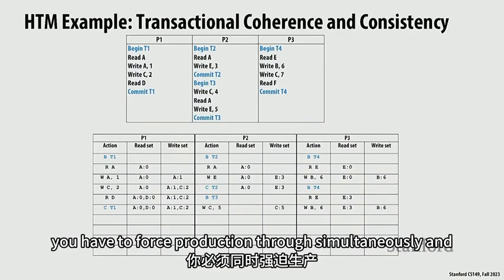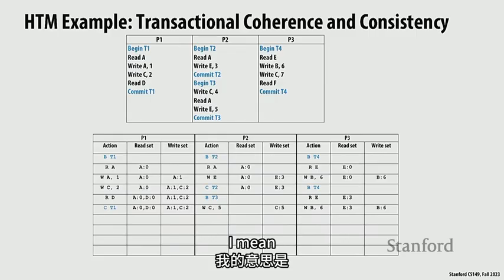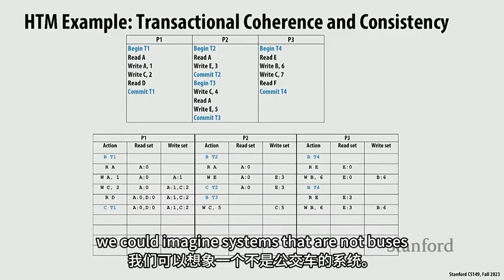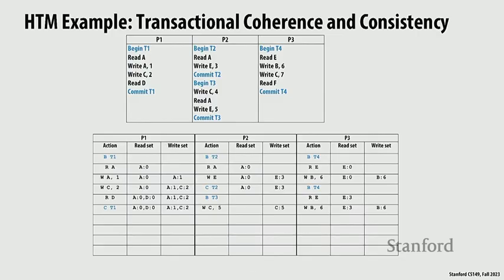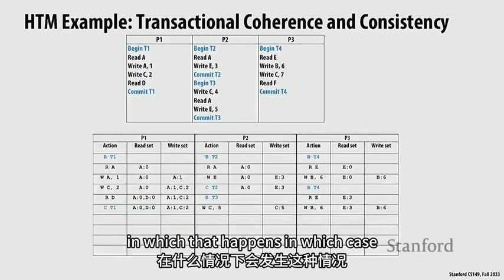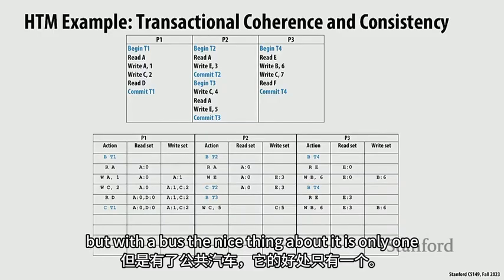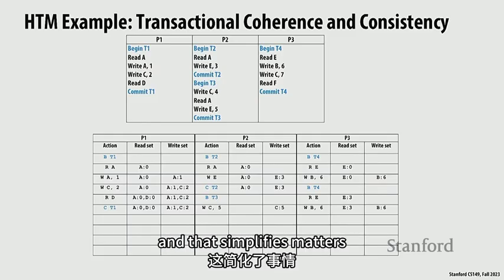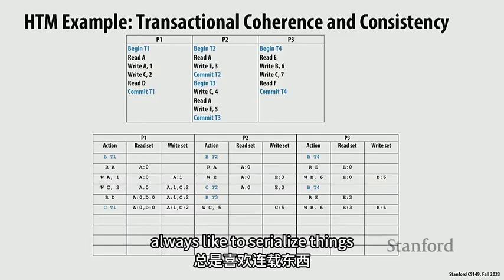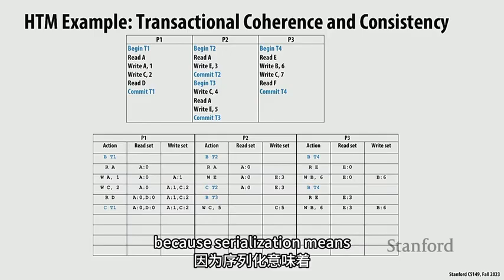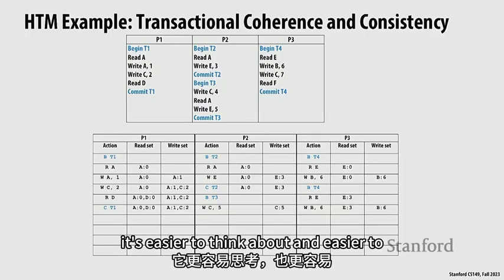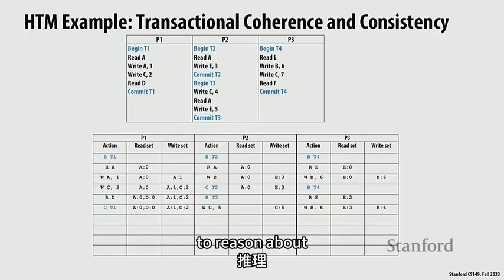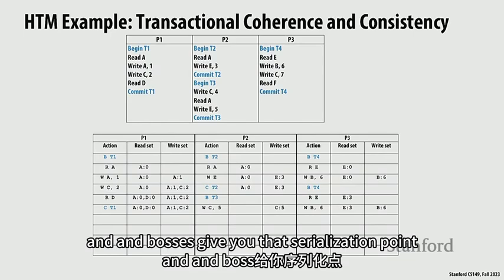Can you have two bus transactions simultaneously? No. We could imagine systems that are not buses in which that happens, and in which case the problem would be a lot more difficult. But with a bus, the nice thing is only one transaction can be on it at any one time, and that simplifies matters. We always like to serialize things because serialization means it's easier to think about and reason about, and buses give you that serialization point.